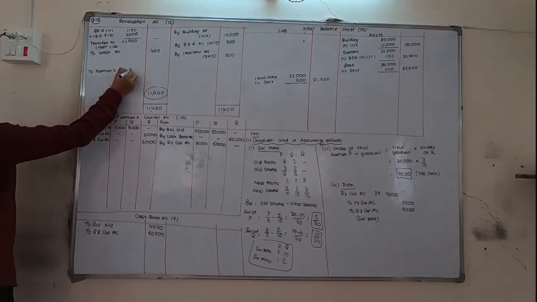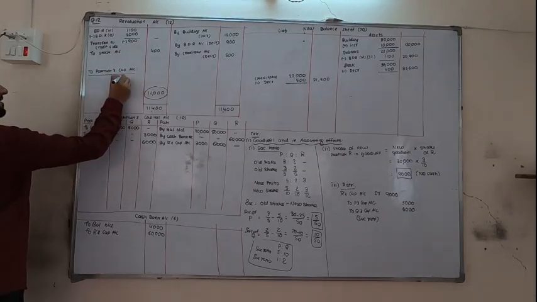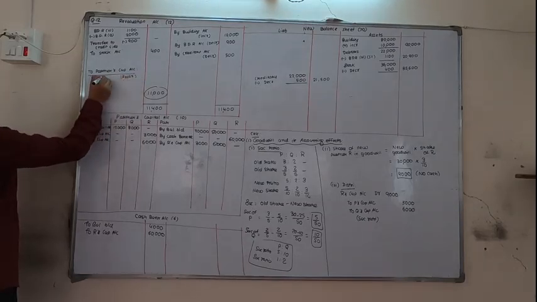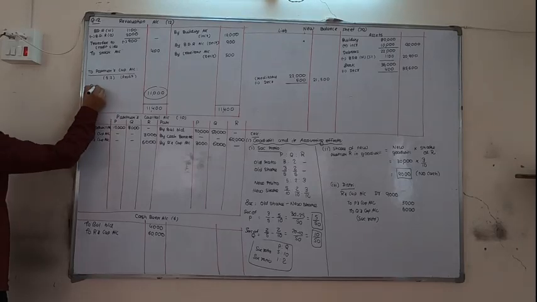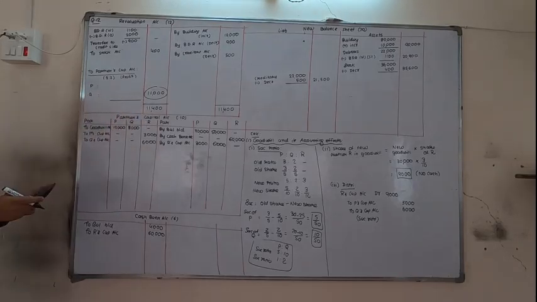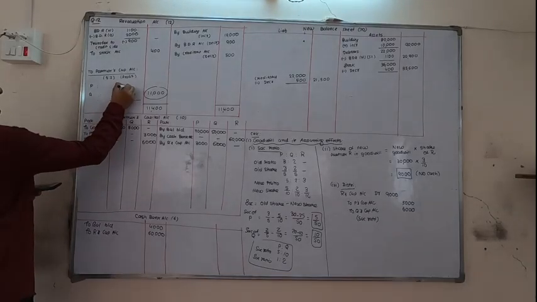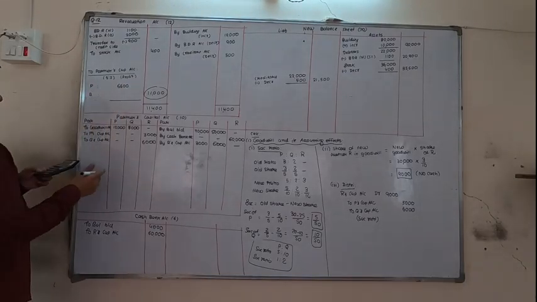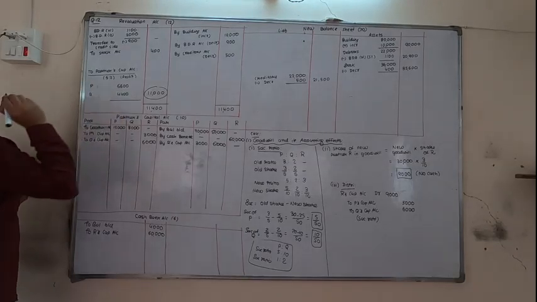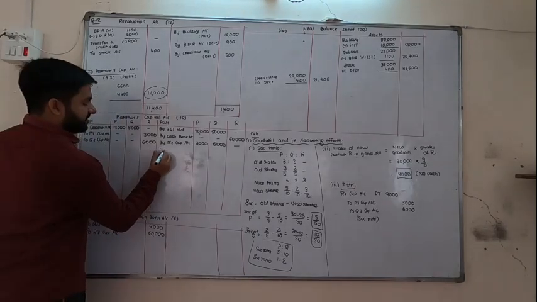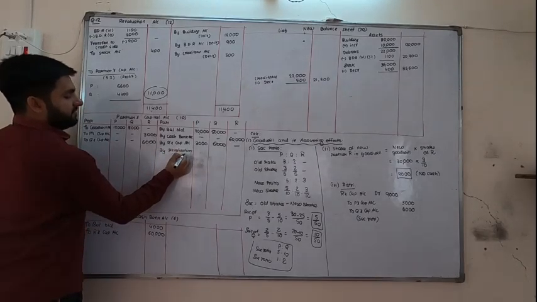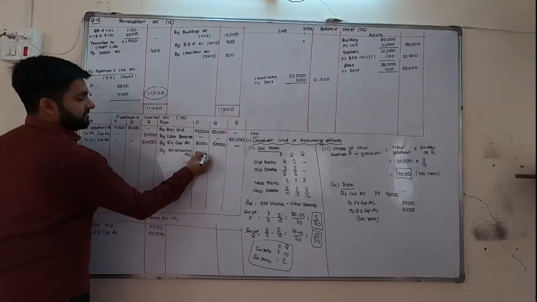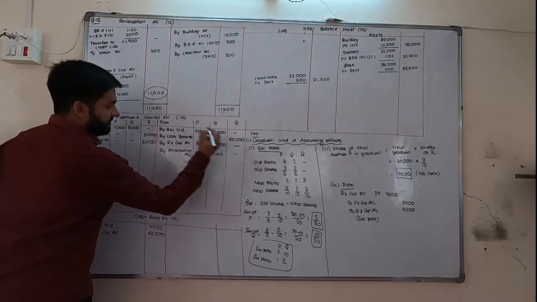To partners' capital account in bracket profit in 3:2 old ratio between P and Q. 11,000 by 5 into 3, 6,600 and 4,400. Okay, so it will be credited here by revaluation account 6,600, 4,400 dash.